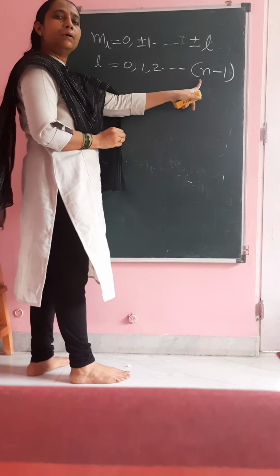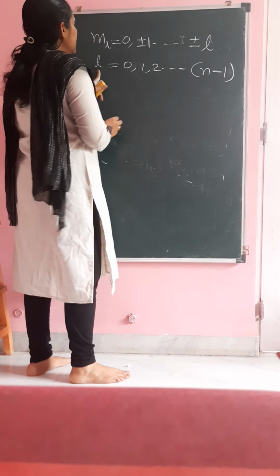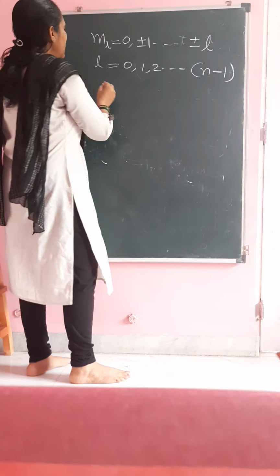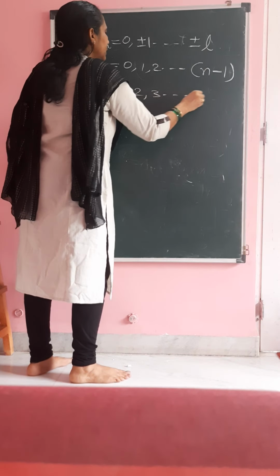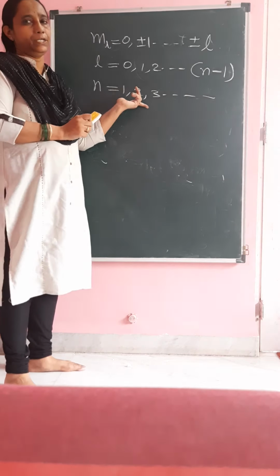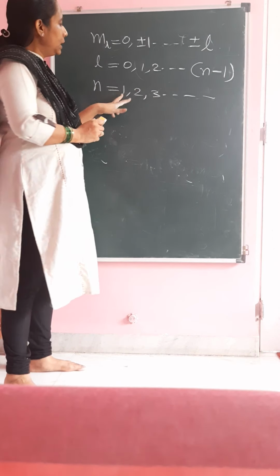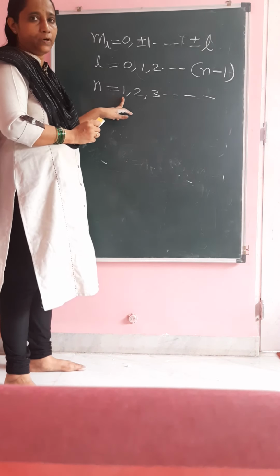This is the maximum possible value of L. This is the orbital quantum number. And finally, the principal quantum number n is an integer having the value 1, 2, 3, and it does not have the value 0 over here.